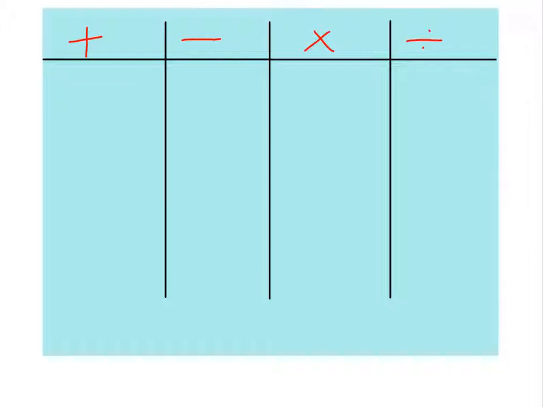If I see something that says sum, that might tell me addition. There are other things, and I want you to try and list those. If I say less than, that's a phrase that often tells us to subtract. So in your notes, just jot down different things you think might mean to add, to subtract.